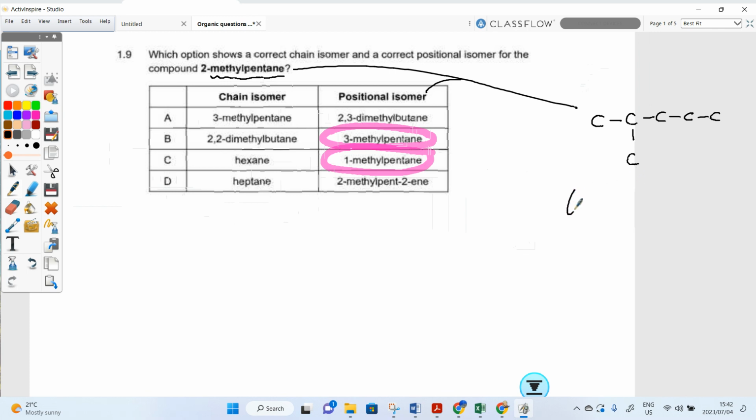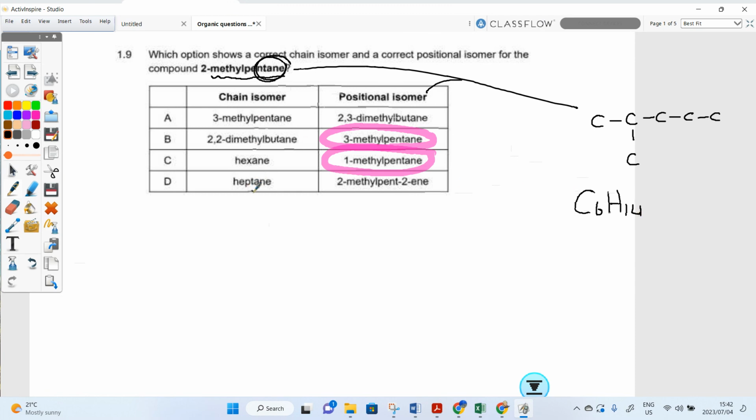So you know that this is going to be C6H. It's an alkane. So when you see alkane, it's double plus 2. So it's going to be 12 plus 2, which is 14.